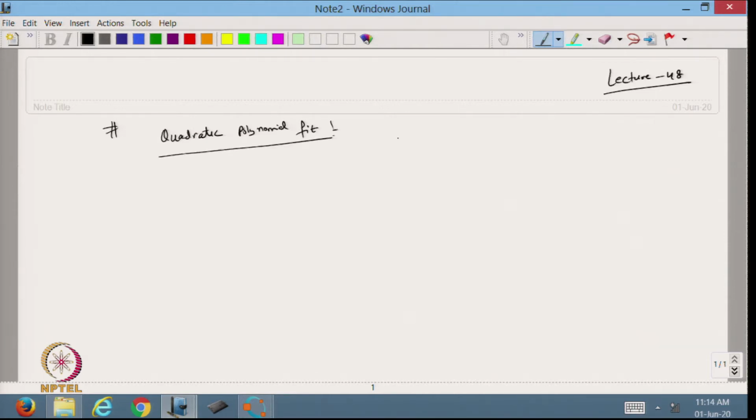Suppose we have data given as points xi and yi, where i is moving from 1, 2, 3 up to n. So I am taking n number of points where all xi are distinct and need not be equispaced.